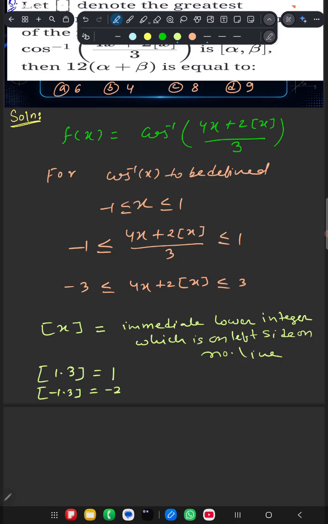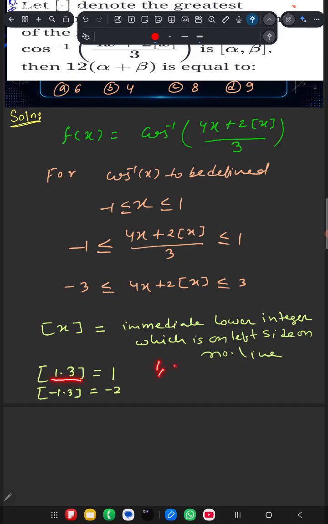Now one more thing you are always confused about is why the name greatest. Greatest means you can replace it with the immediate lower integer on the left side of the number line. But the word greatest is given because there are so many numbers which will be less than 1.3. Can you name them?